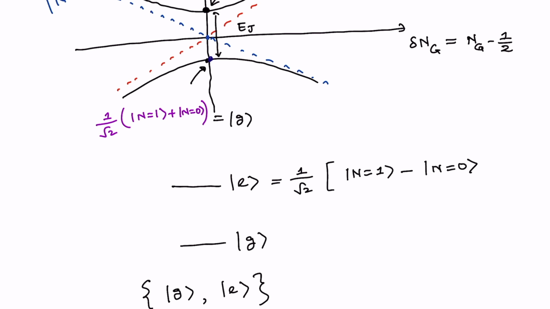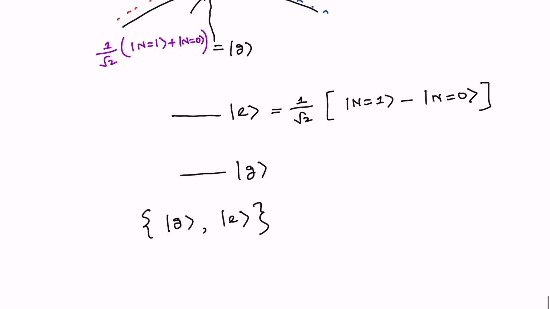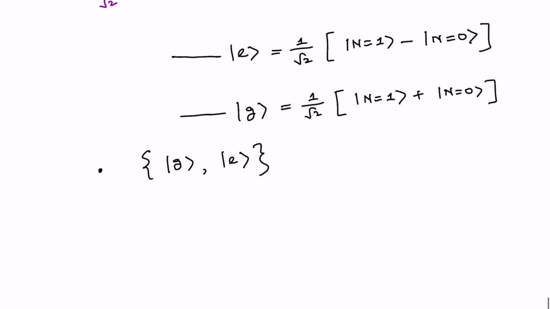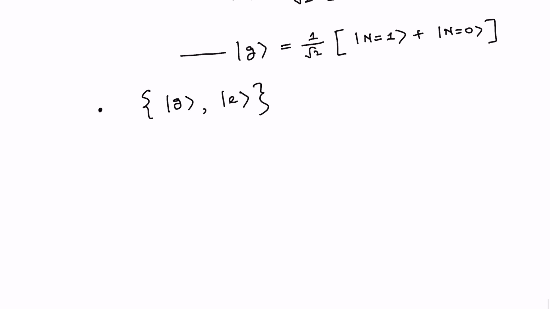This is the excited state, and |g> is the symmetric superposition of the charge states n equal to 1 and n equal to 0. Now taking |g> and |e> as our basis states, we can actually express n minus ng, when ng is equal to half.